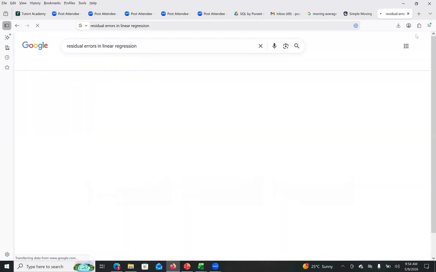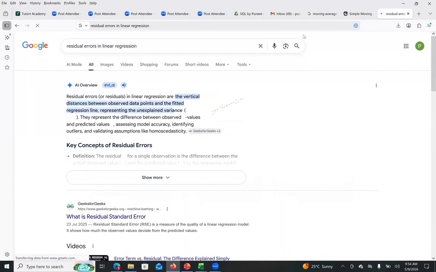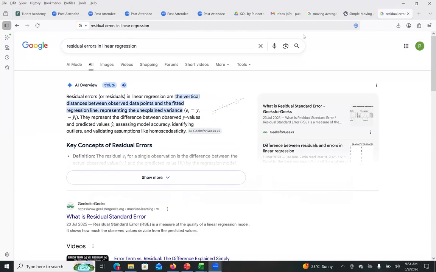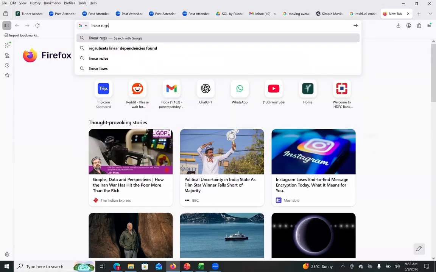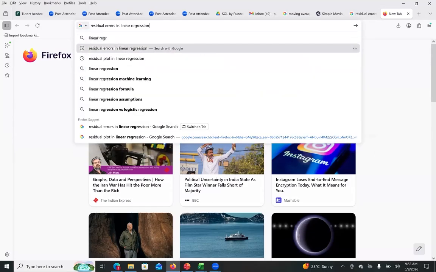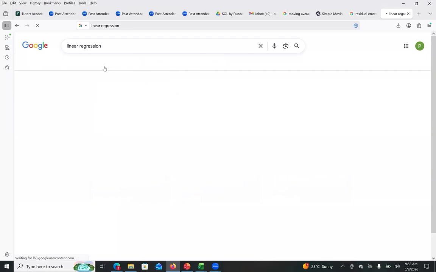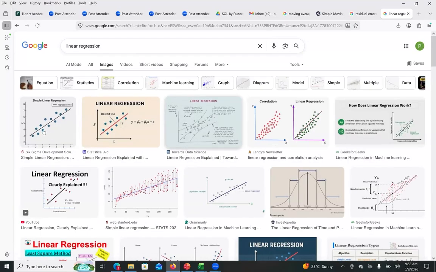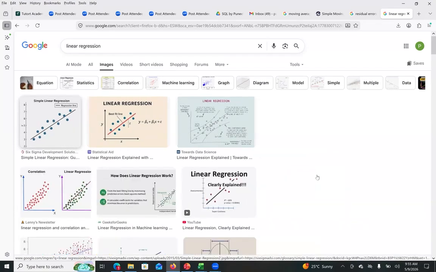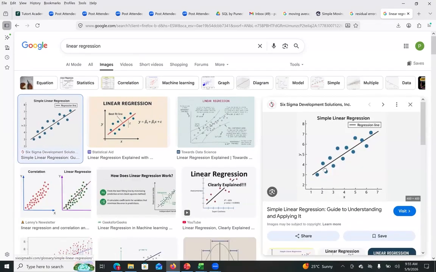What happens is that in a linear regression, you are trying to fit a trend to a set of data points, right? Let me maybe show you the regression. If you look at these data points, are they in a straight line?